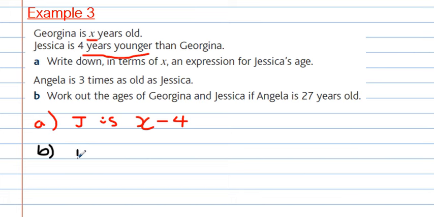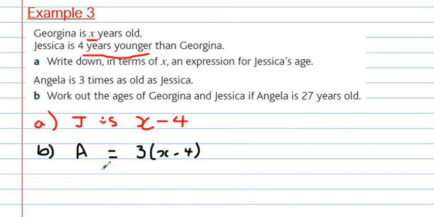So if we represent her with the letter A, Angela will be 3 times as old as Jessica, and Jessica is X minus 4. So that is 3 times X minus 4. Now we're going to form the equation, because it says work out the ages of Georgina and Jessica if Angela is 27 years old.